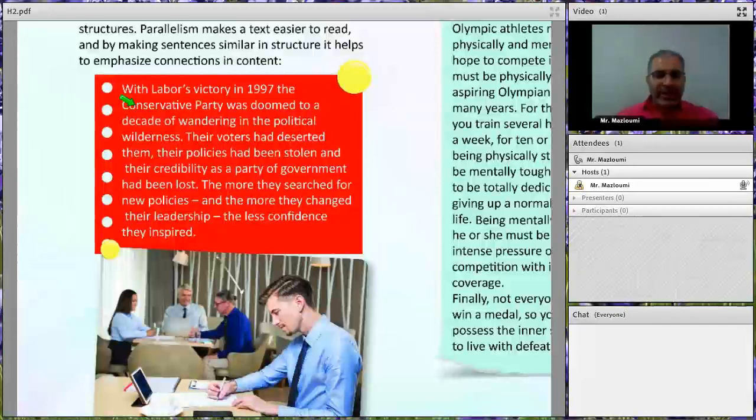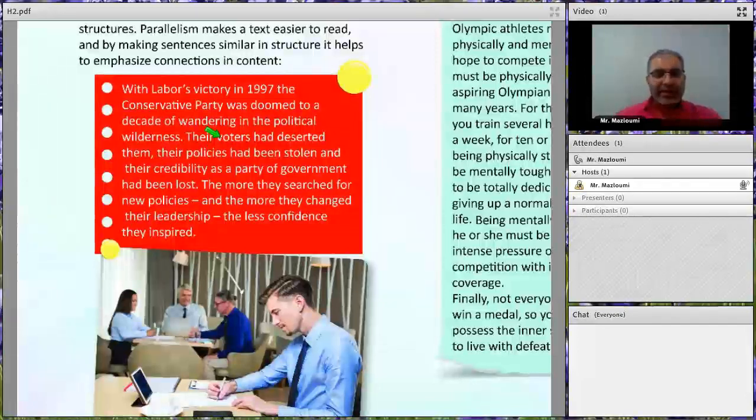Their voters, the Conservative Party's voters, you know, voter is someone who votes in elections. Their voters had deserted them. Desert. Everyone, this is a verb, so we pronounce it desert. Desert means abandon, quit, leave. So their voters had deserted them.